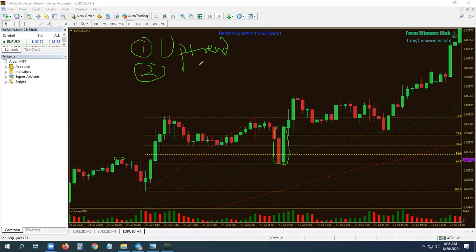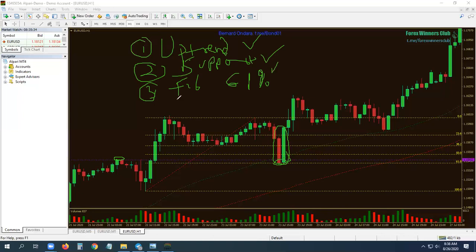Now it is support. So we are buying from support. Reason number three, we are buying at Fibonacci 61. We know that Fibonacci 61 is a retracement level.